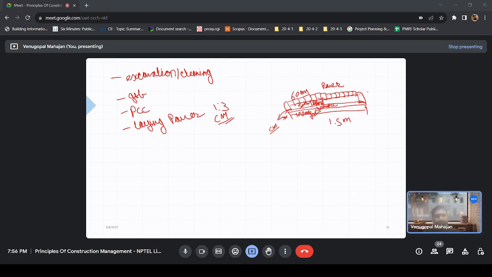Curb stone, let's say 150 mm high, 150 mm on each side. So now can you calculate how much you have to excavate, to bring it to ground level or to keep it above ground level?